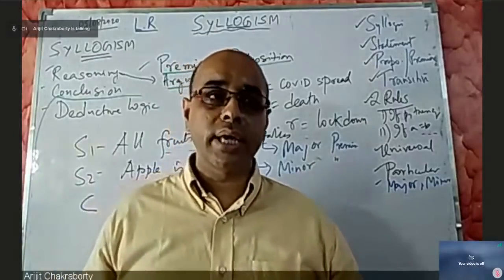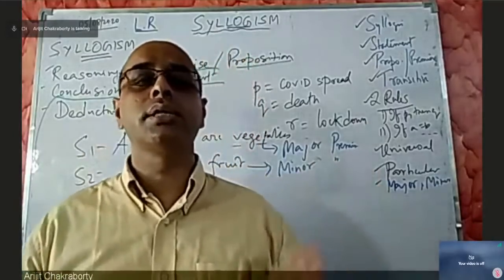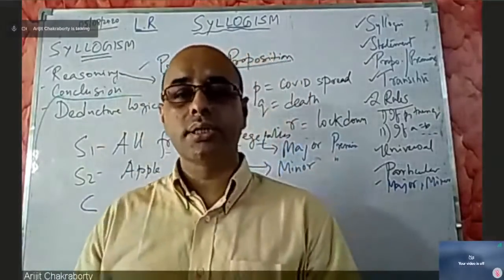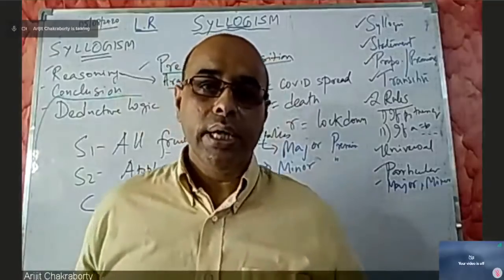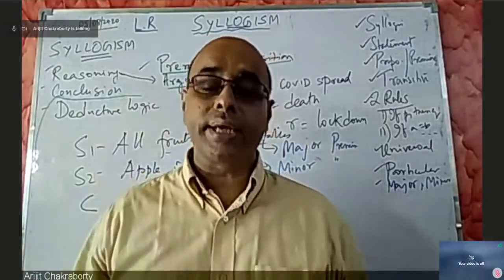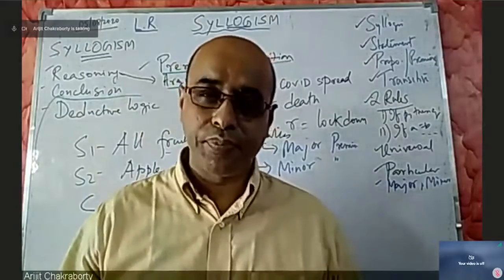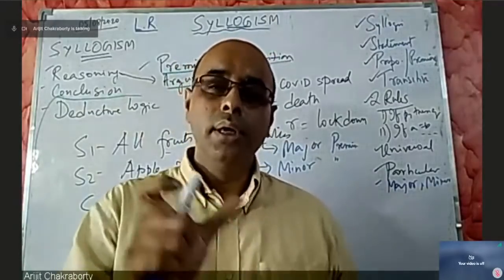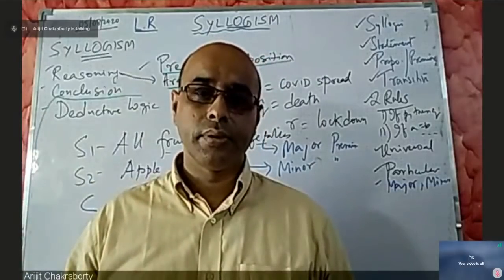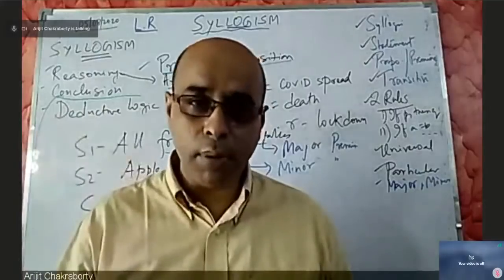Okay? If I say, all CA students need to do articleship. Is it a proposition? Yes. Can I call it a statement? Yes. Can I call it a premise? Yes. All CA students need to do articleship. Is it a universal proposition?